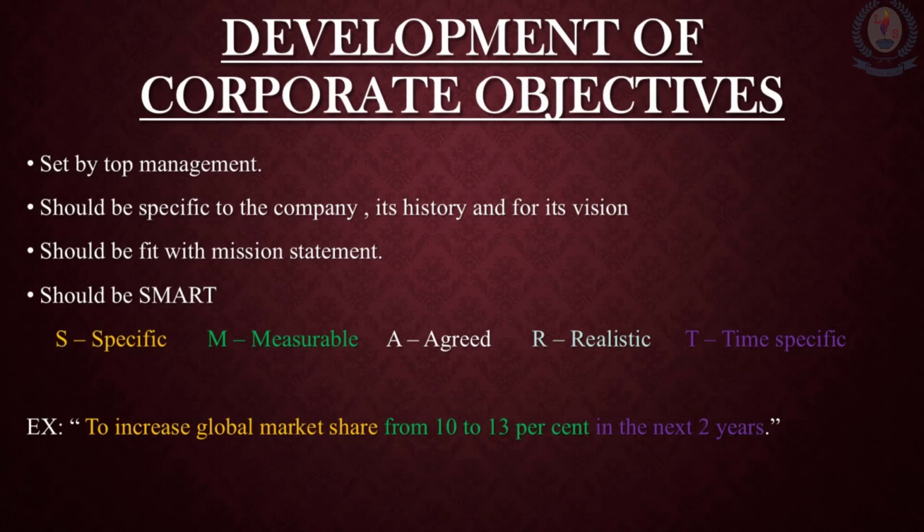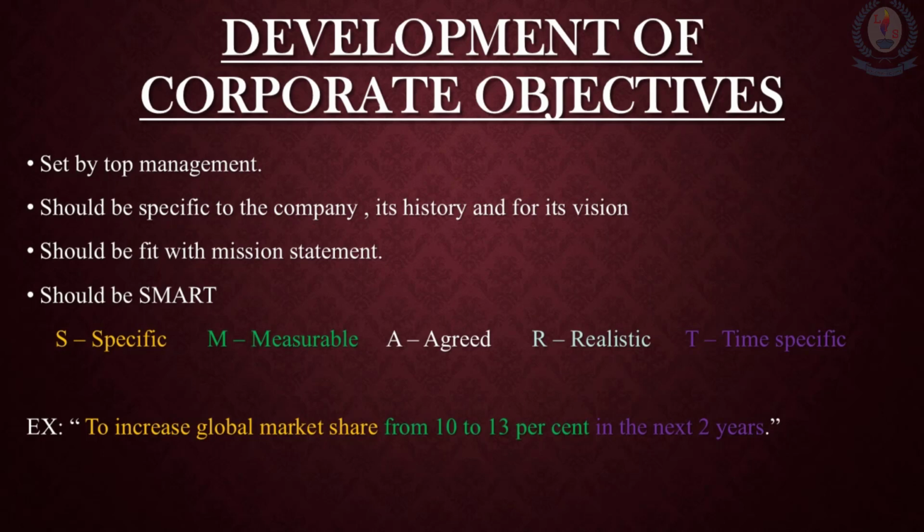To increase global market share from 10 to 13% within the next 2 years. This is a corporate objective of a certain company. Their corporate objective is to increase global market share from 10 to 13% in the next 2 years.